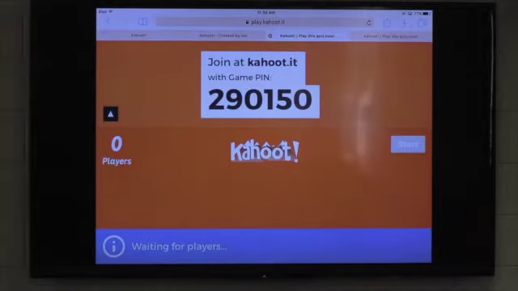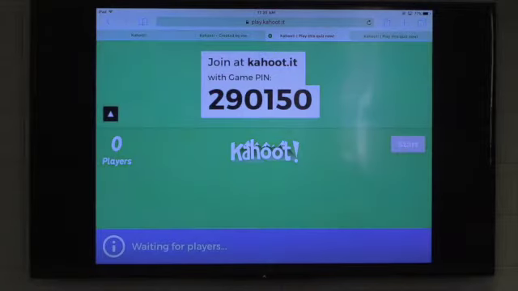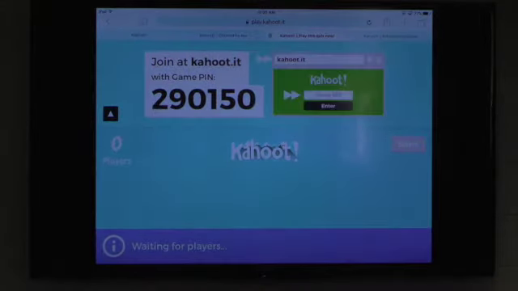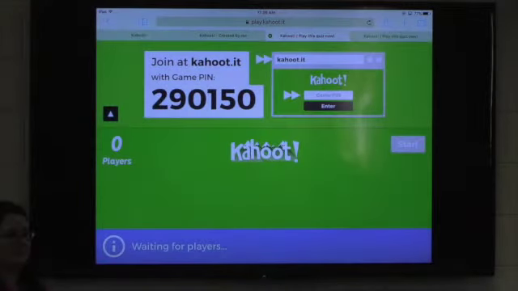This is the pen. You're going to go to Kahoot.com and it'll ask you to put a pen in. Tell me when y'all are ready. So right now I have no players. Kahoot.it might work too. If you go to Google and type in Kahoot, it normally comes up right away.